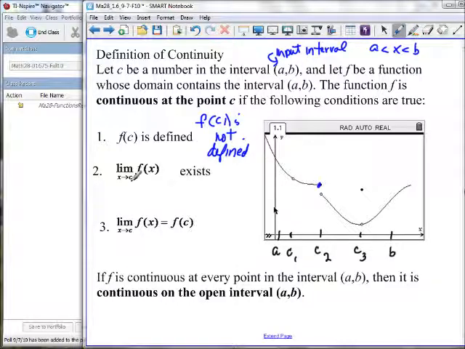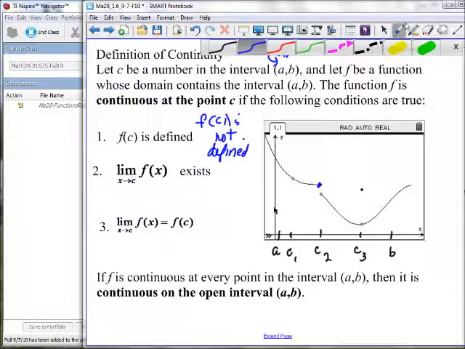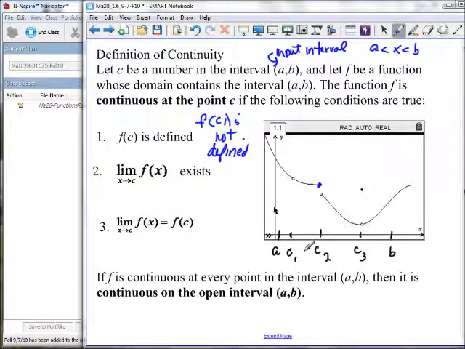Okay, the limit as x approaches c exists. The limit as x approaches c exists. Which of those other two can we say that the limit does not exist? Why at C2 does the limit not exist? Pardon? I can't hear you.